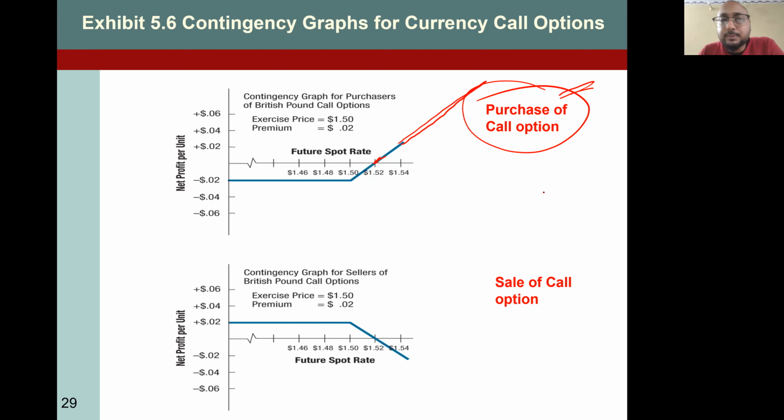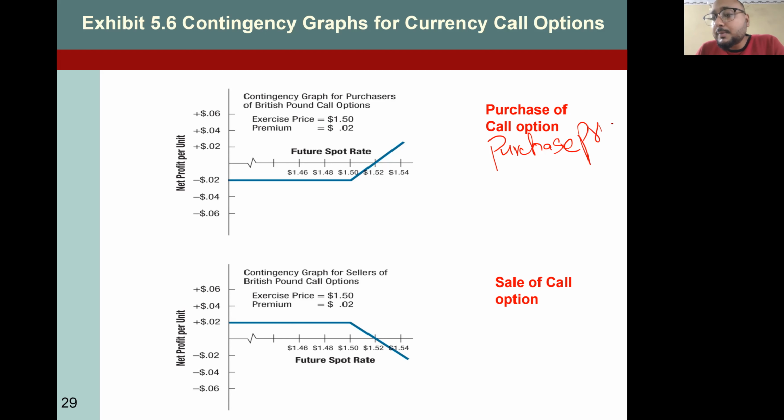If the spot rate is 2.5 and the buyer exercises the option, the seller must sell at 1.5, so the buyer can have a good profit as well. So what is the break even? The buyer's break even is the purchase price plus premium.